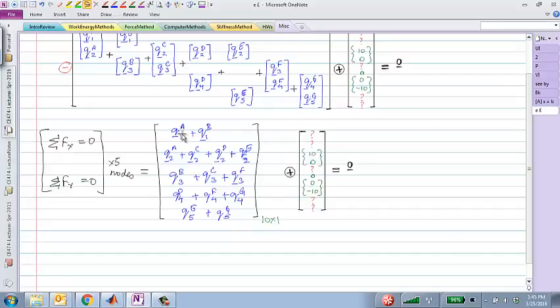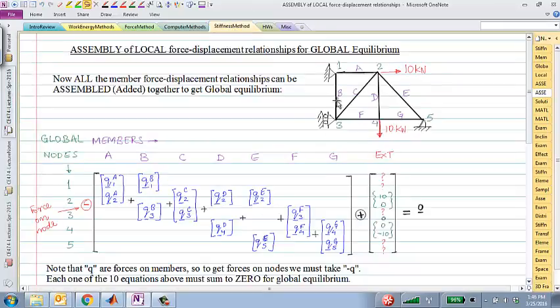Because each one of these forces for element 1, these QA1, QA2, are the forces at the ends of member A. They depend upon the displacements at the ends of member A. So displacements really are the unknowns. What we'll do is we'll use these 10 equations to find those unknown displacements, because there are 10 displacements, right? 5 nodes, 5 times 2, there are 10 displacements.